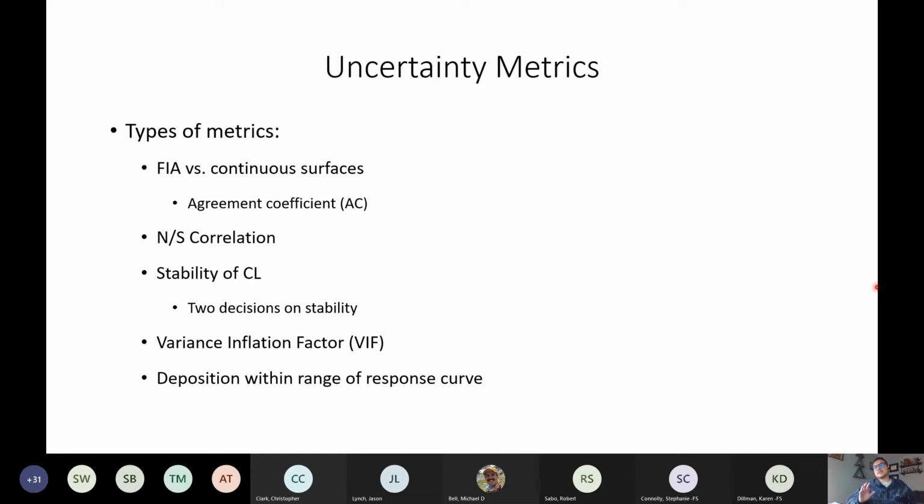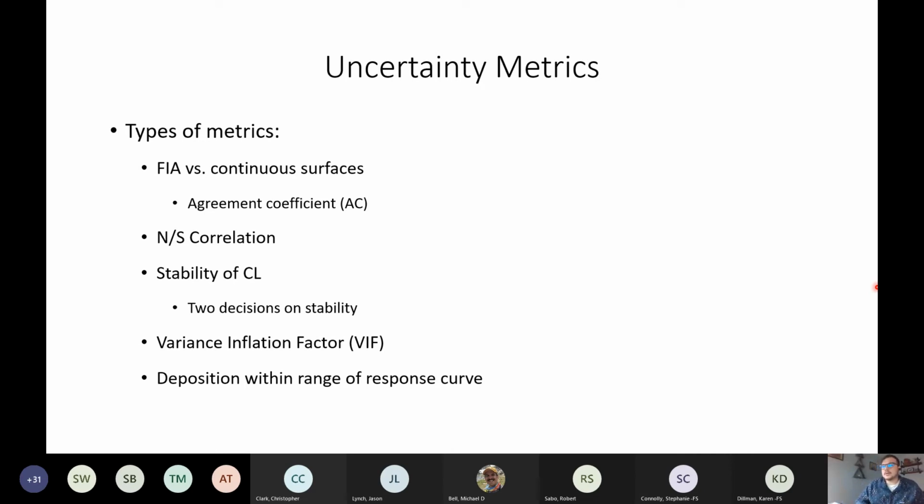So you can consider whether the other model was a better fit and how much the critical load changes when you use that other model. That's another consideration to make. The VIF, the variance inflation factor, is another collinearity measure, and there are different thresholds. Typically we use 3, 5, and 10 that you'll want to consider when using this type of data set.